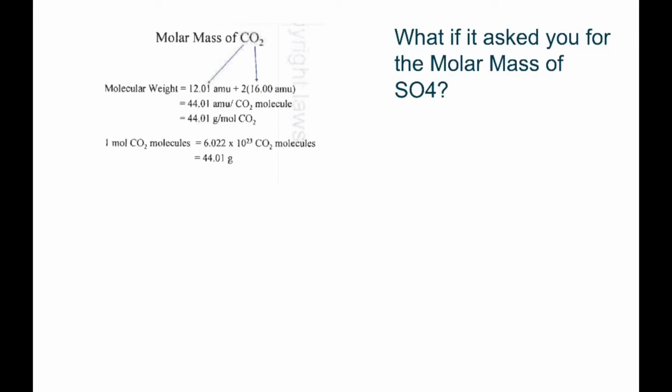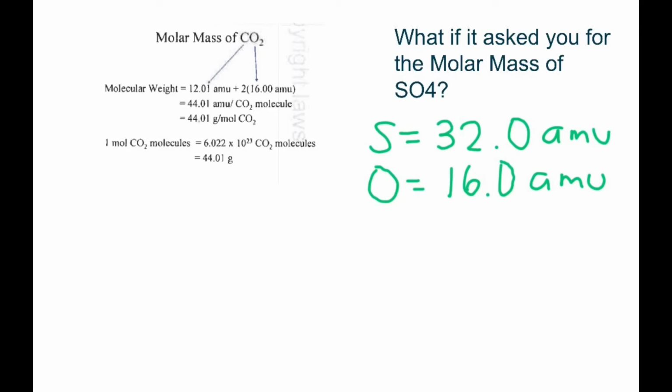If it asks you to find the molar mass of SO4, you first have to find the mass of S, and then you find the mass of O. Since O has a subscript of 4, that means it is there 4 times, which means you have to multiply the 16 by 4.